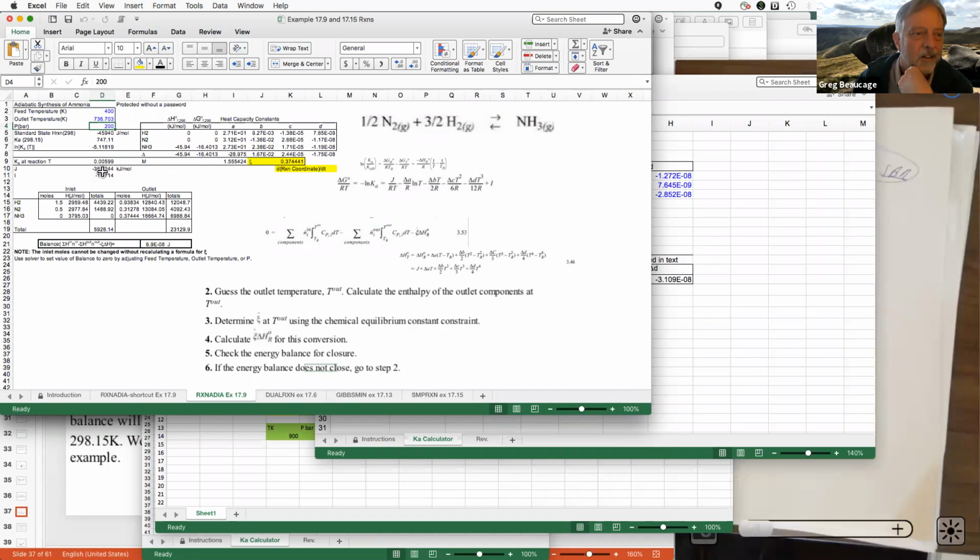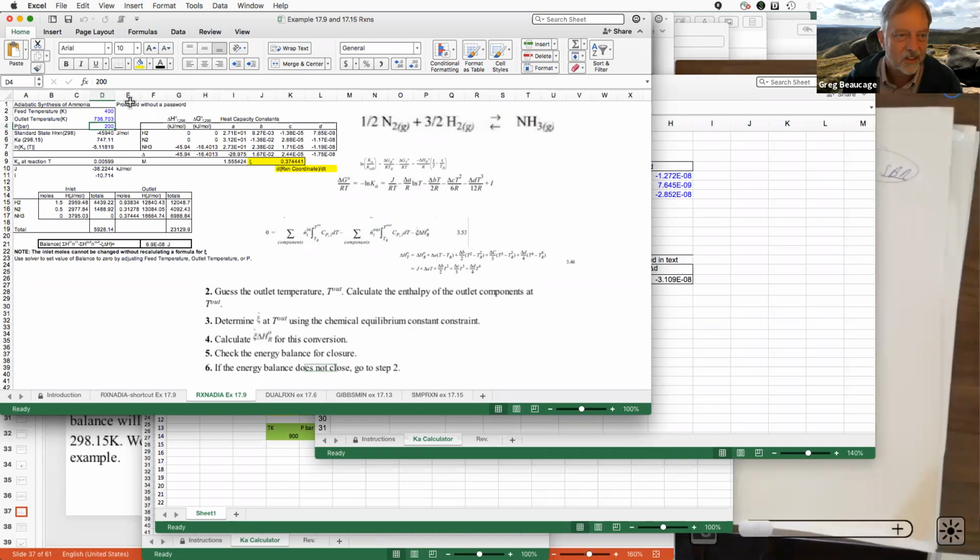J and I are down here. So it calculates J and I each time. So it does this entire thing based on the 298 enthalpy of reaction for this reaction. So it's pretty involved.